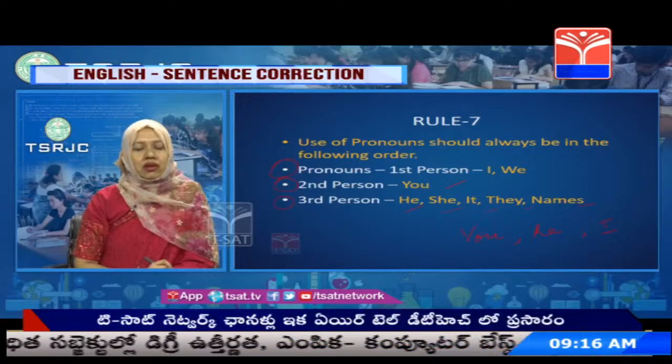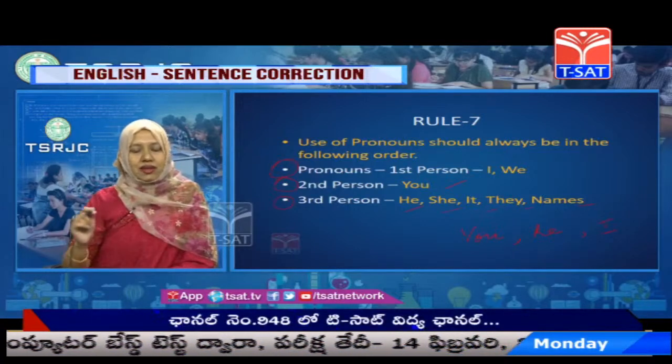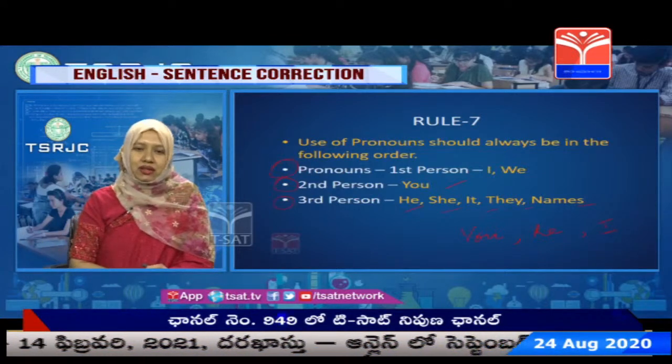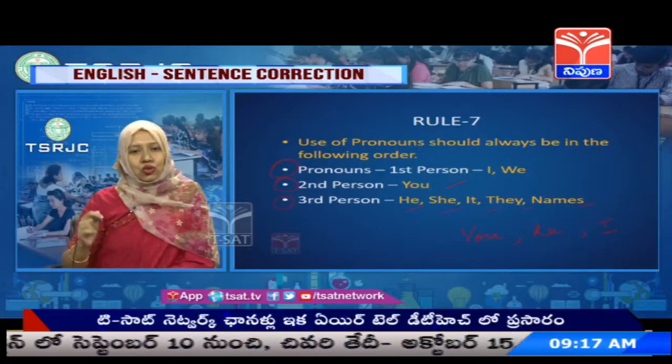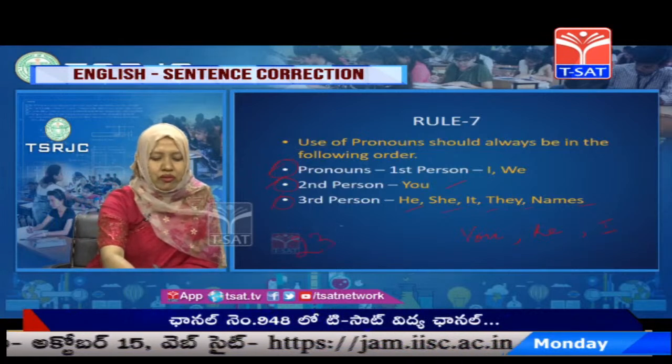Second person, third person and first person. When you write a sentence, if you are mentioning more than 2 or 3 persons' names in a sentence, then you have to follow this order: 2, 3, 1.